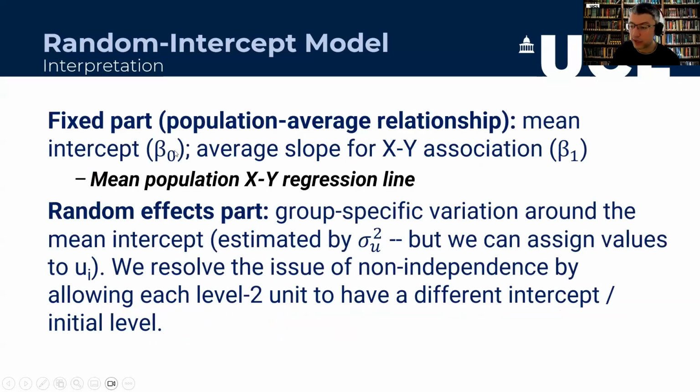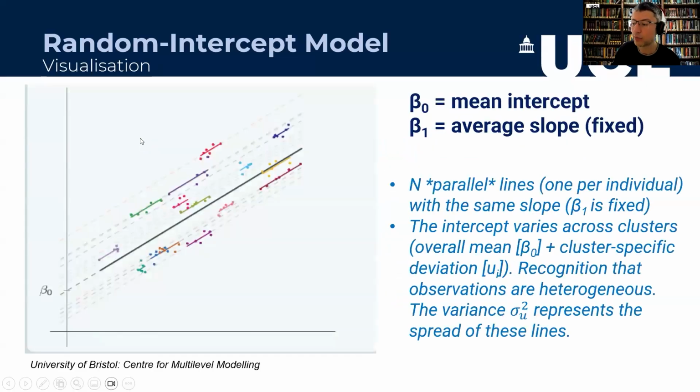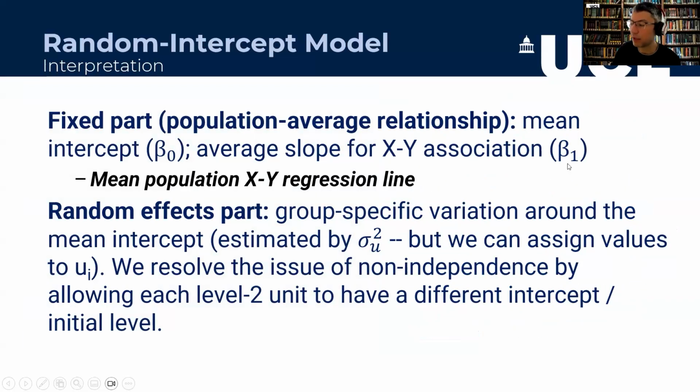And the way we interpret these values is that the fixed part is interpreted the same way as a classical standard linear regression model. So this would tell us the overall value of the outcome when x is equal to 0. And then the beta 1 coefficient would be the average slope for the relationship between x and y.